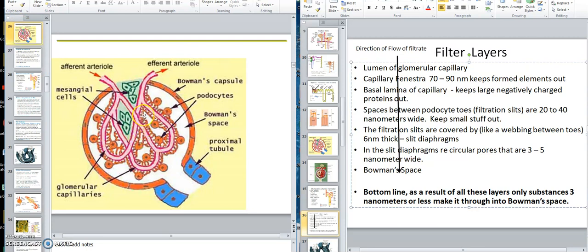Let's look at the layers between the lumen of the capillary all the way into Bowman space. And the flow is going from the lumen of the capillary through all these layers. All right? So let's see what we have there.